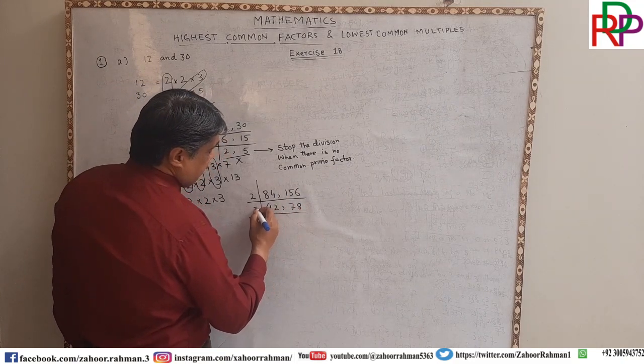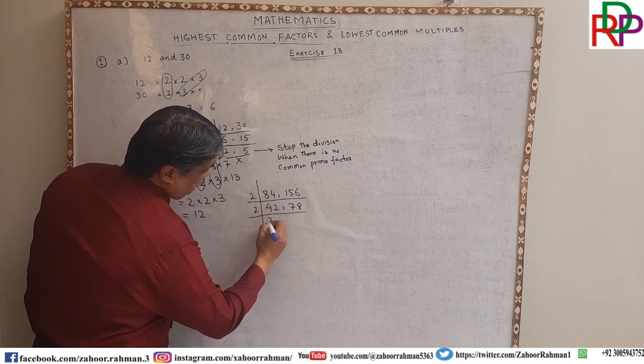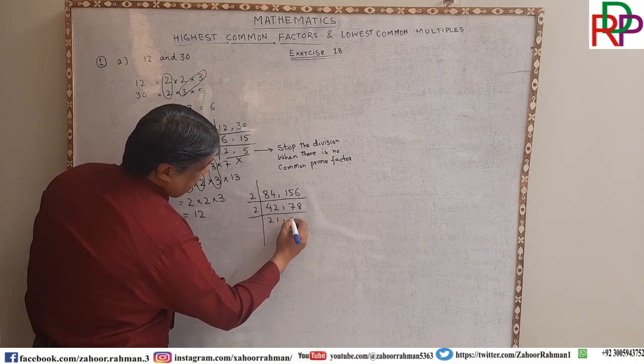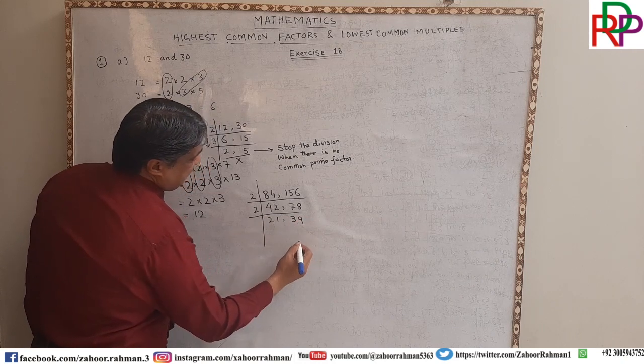Again it can be divided by 2: 2 twos are 4, 2 threes are 6, 2 nines are 18.